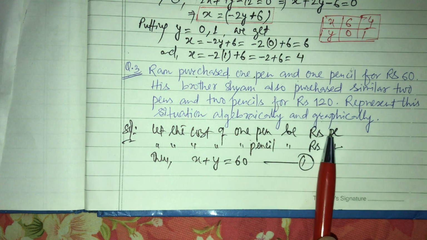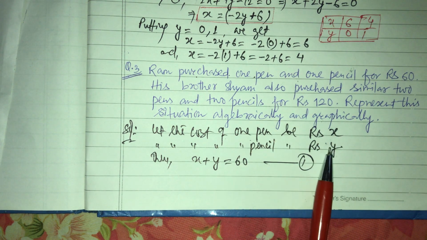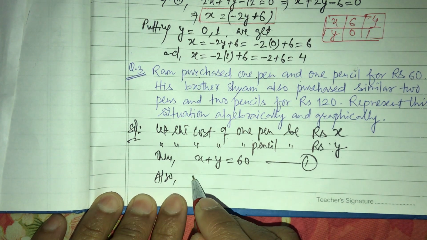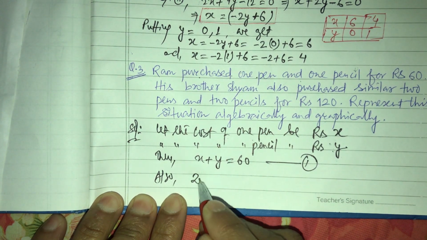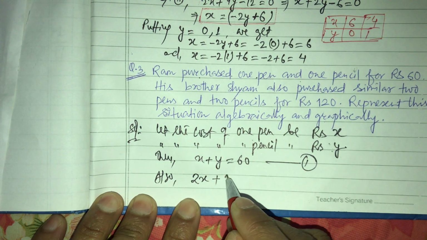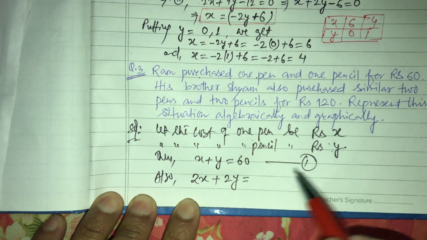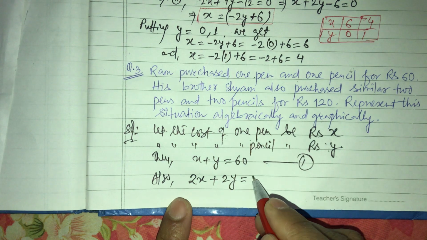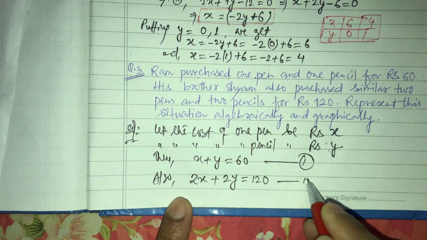So cost of 2 pens will be 2x, and cost of 2 pencils will be 2y. The total amount he paid was 120. So I'll write here 120, equation number 2.